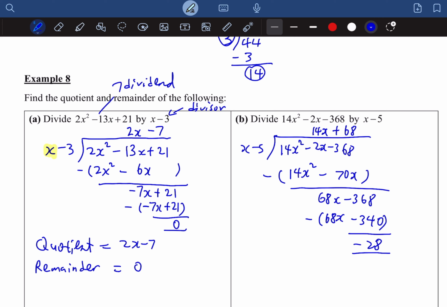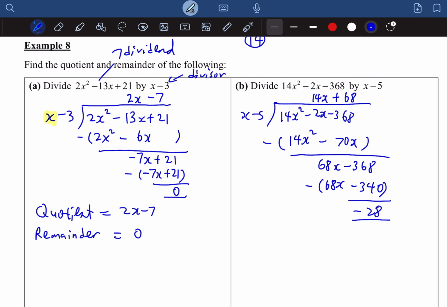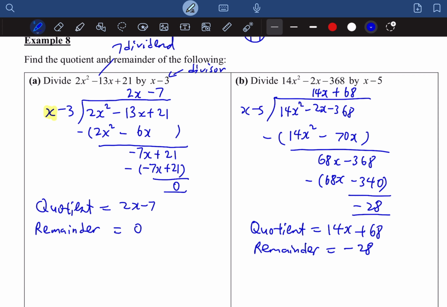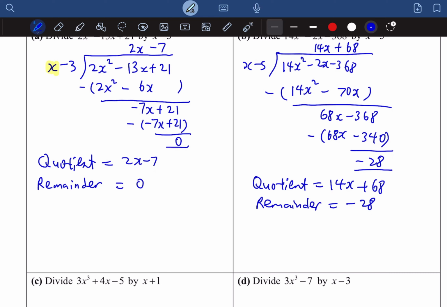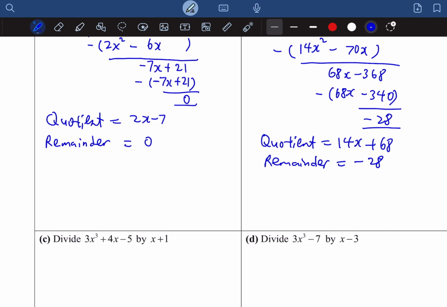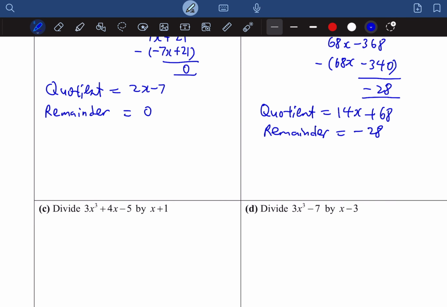So now it's lesser, so we can stop here. That's an indication that this long division we can stop. So the quotient equals 14x plus 68. Remainder equals negative 28.